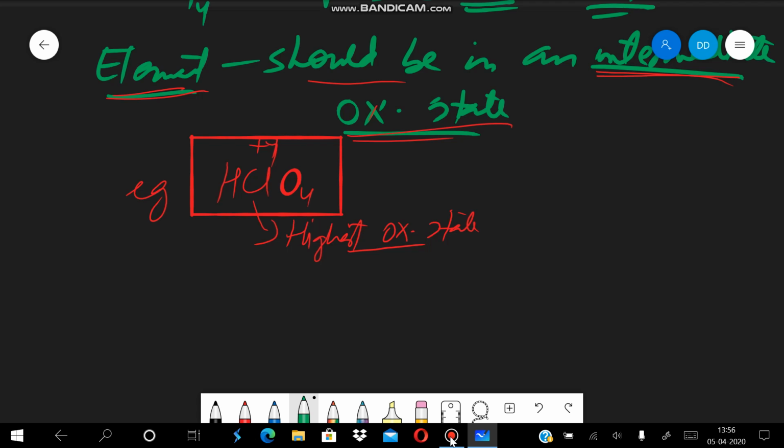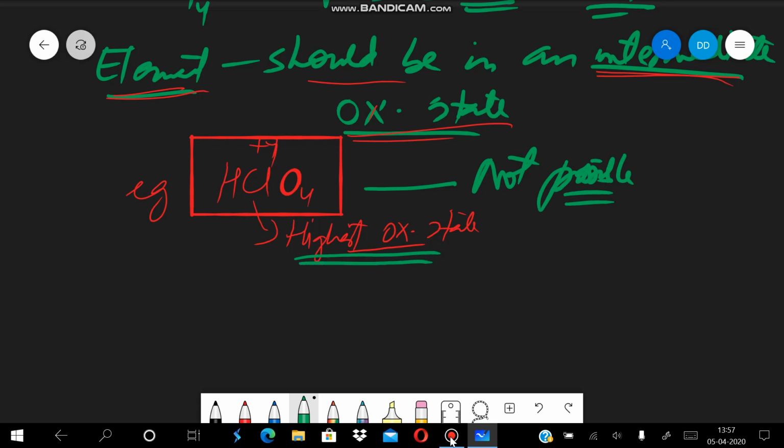Therefore, it will undergo only reduction, that is decrease in the oxidation state, but it will not undergo oxidation. Therefore, disproportionation reaction is not possible in this case. The reason is that chlorine is in its highest oxidation state.